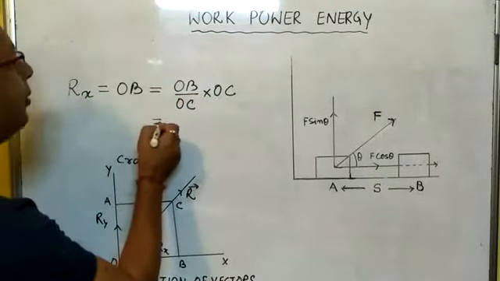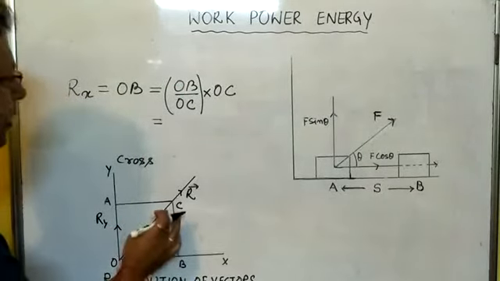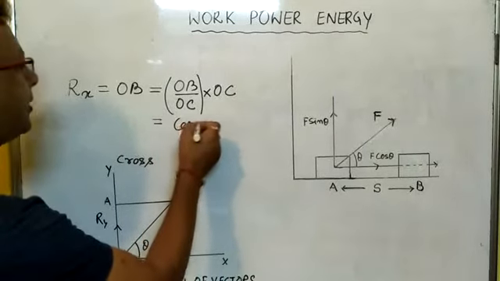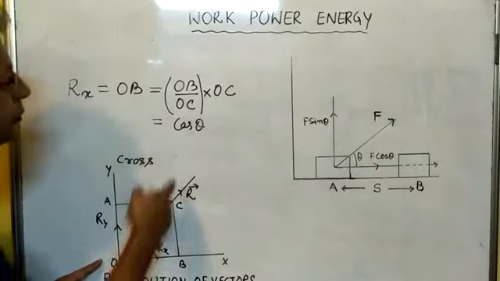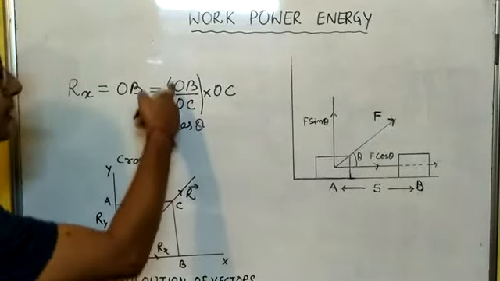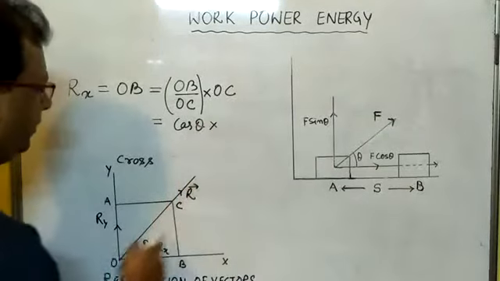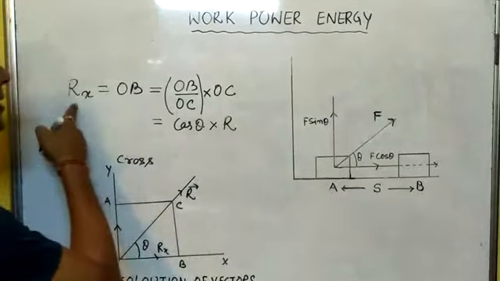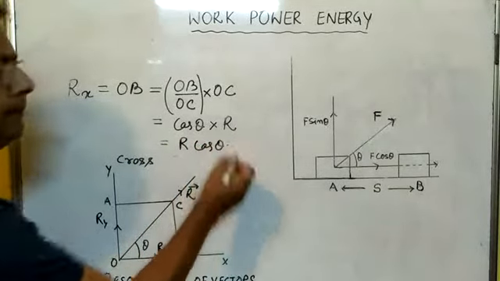OB by OC is your cos theta, because R is making an angle theta. So cos theta is OB by OC, into OC. What is OC? OC is your R. So Rx is equal to R cos theta.